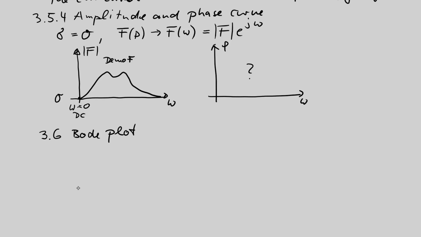In chapter 5 you will see there is a very famous, helpful and easy to use method to design controllers if you have the Bode plot of your process. The Bode plot is a very important point. So you have to work with Bode plots and understand all about them, and I will use this very extensively in this lecture.